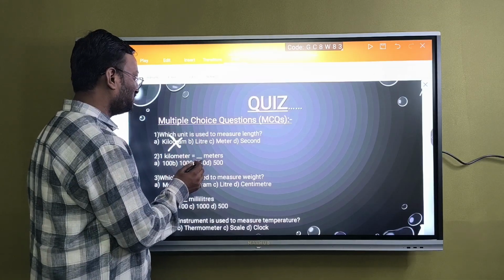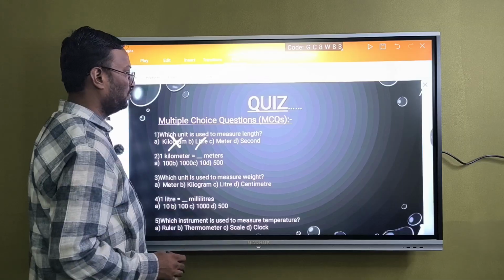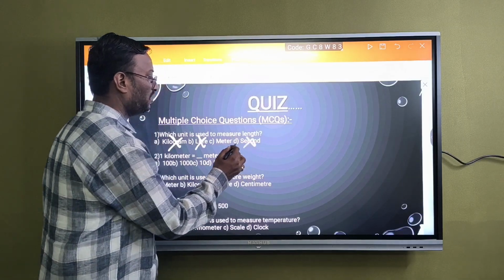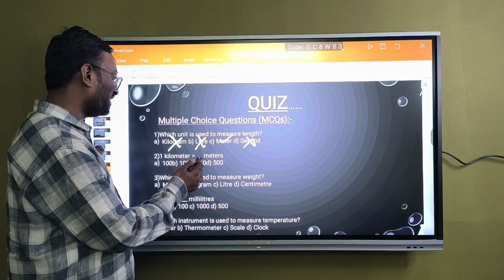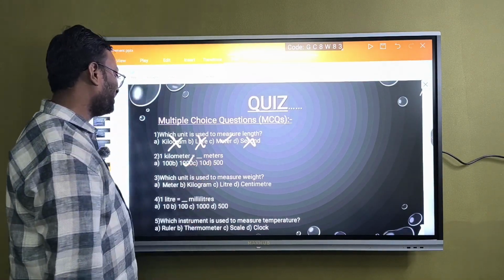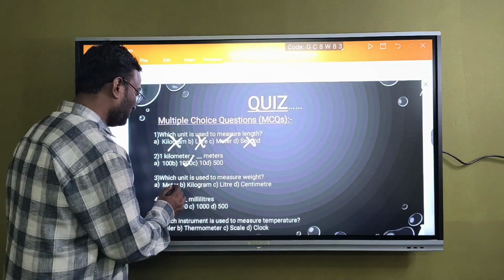Next, liter. Will you measure length in liters? No. Will you measure length in meters? Yes. Second, wrong option. 1 kilometer is equal to how much? 1000 meters. Which unit is used to measure weight?